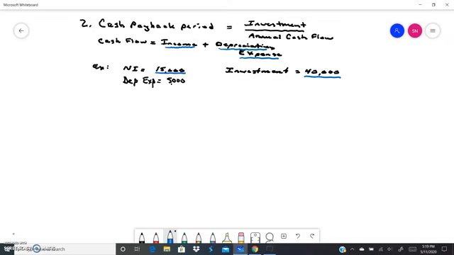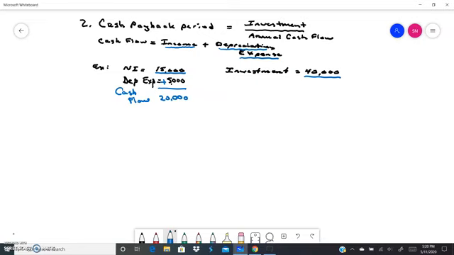For instance, if this $40,000 investment was depreciated over 8 years, we'd have $5,000 each year. Well, what we're going to do is first calculate the cash flow. And what we're going to do is take the net income, add back depreciation, and that would give us $20,000 per year. Remember, cash flow is always going to be the bigger number because it's before we subtract depreciation expense.